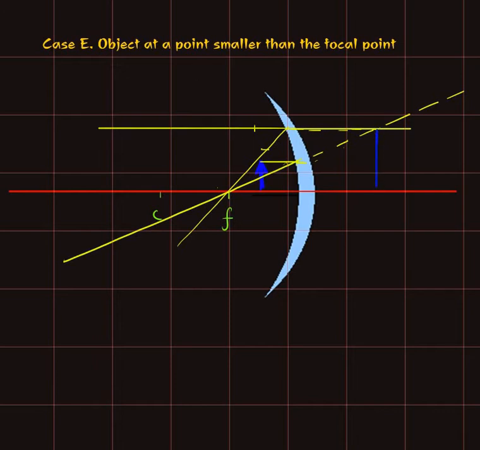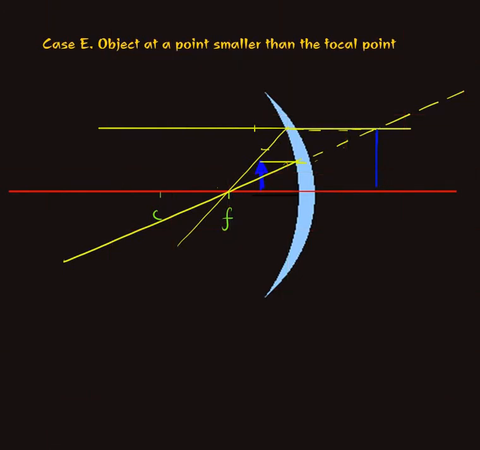Here, let me get rid of the grid. Here is where the image is forming, not on the real side of the mirror. It will be inside the mirror. Look at the characteristics of this image. Let me change the color. Well, first one is real or virtual.